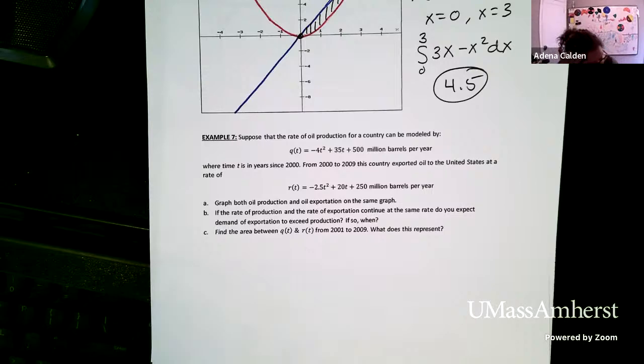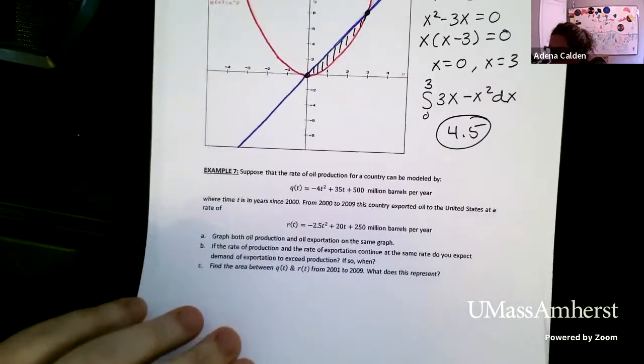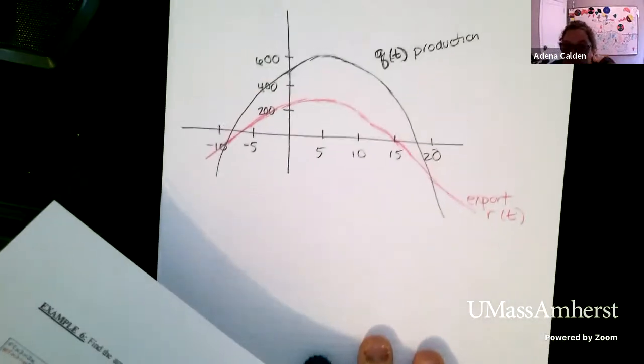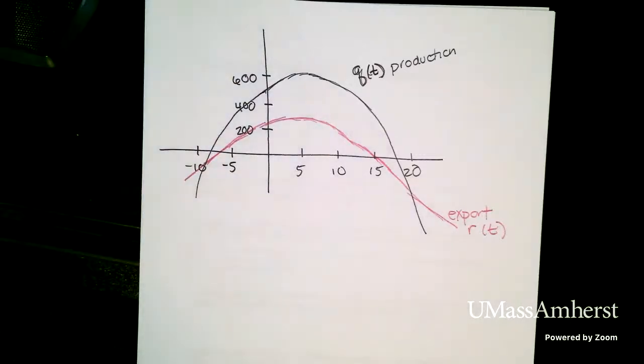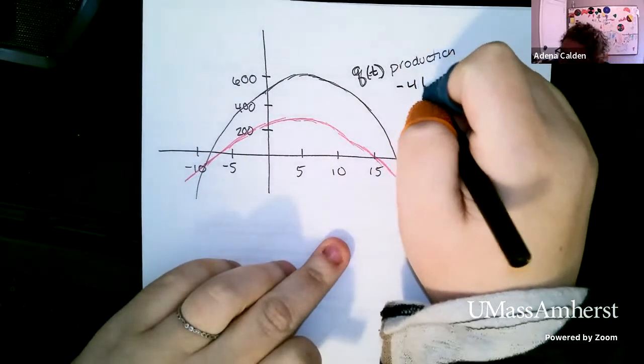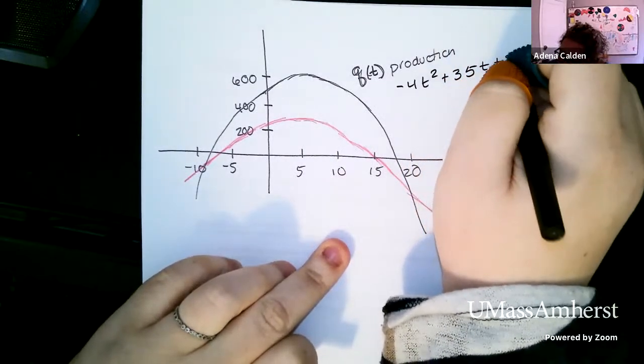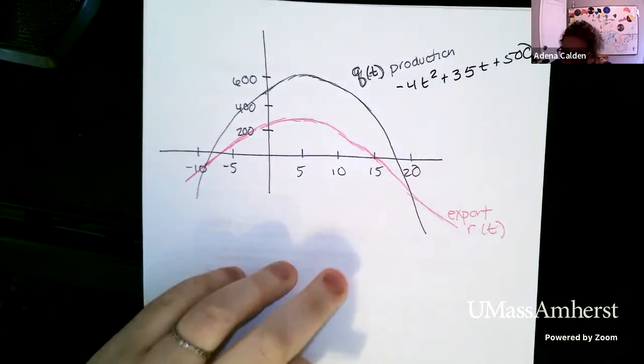All right. So the trickiest part of this, I think, is trying to graph both of these together. So I did my best to sort of sketch what this graph is going to look like. And so here the production is the one on top, the Q of t, which was the negative 4t squared plus 35t plus 500 million barrels per year.